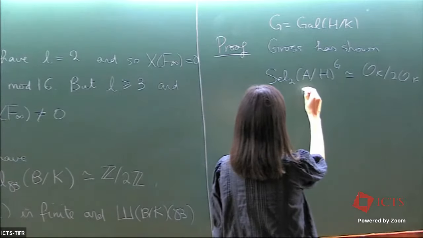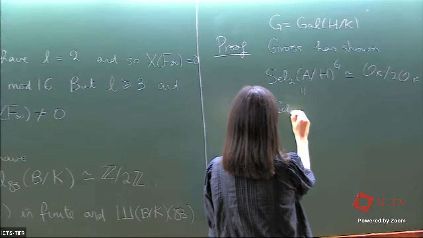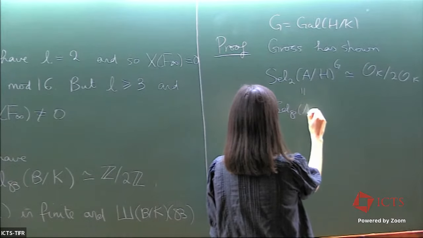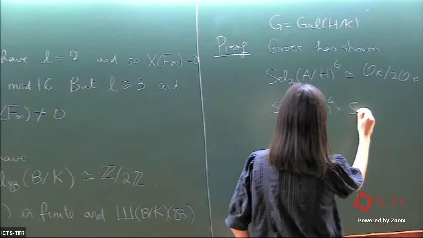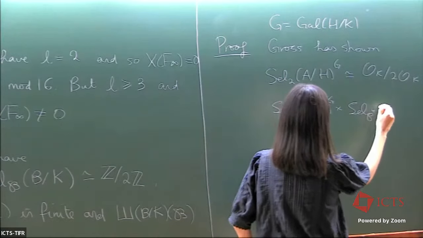So using that, you can write it as the frac P Selmer group times the frac P star Selmer group.